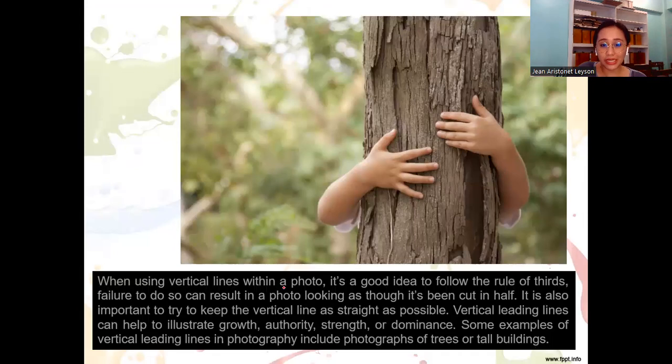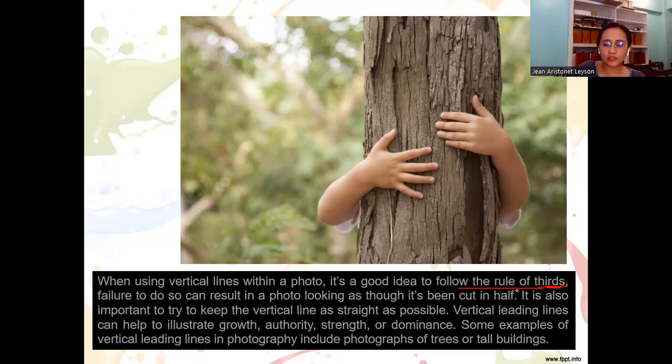So when using vertical lines within a photo, it is a good idea to follow the rule of thirds. Failure to do so can result in a photo looking as though it's been cut in half. It is also important to try to keep the vertical lines as straight as possible.